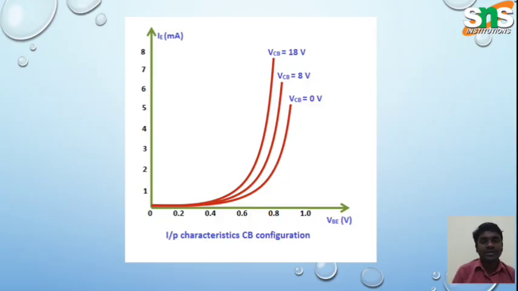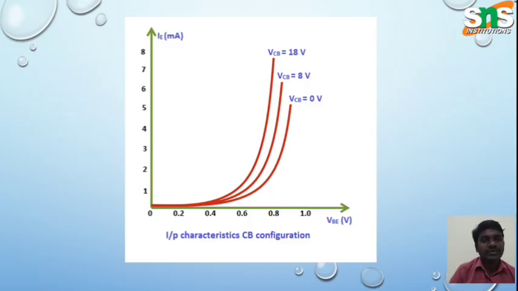In this case we are using silicon material for the NPN transistor. As the VBE voltage is increased, the emitter current will gradually increase.